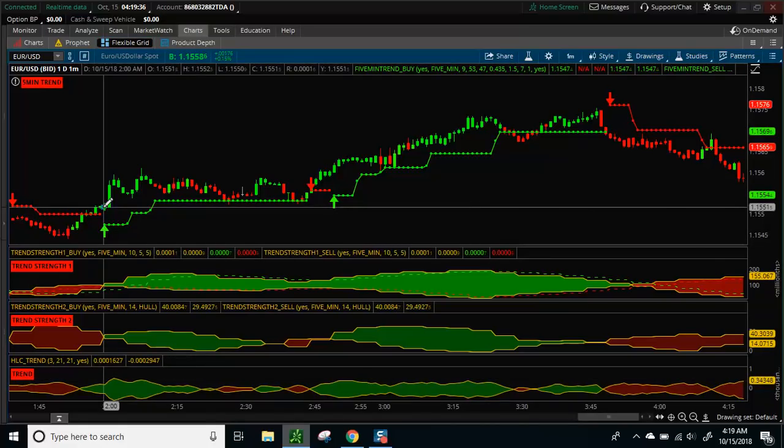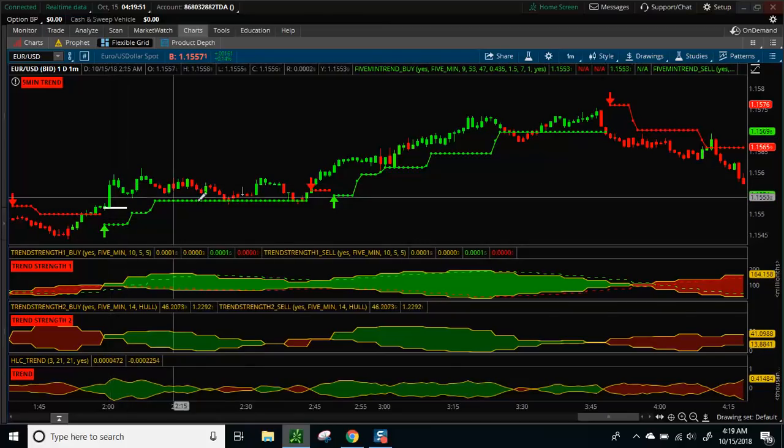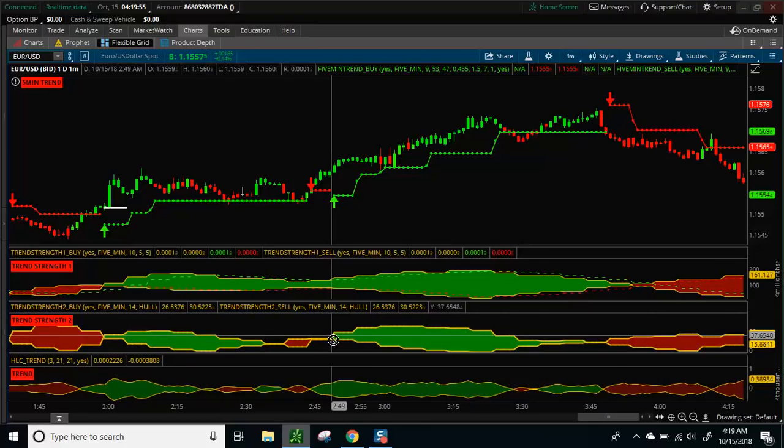All right. Again, what happened is here at 2:50, the background turned green because of this trend strength, the second trend strength indicator. It turned green. This one never turned red again. So, well, actually, let me go back. At 2:40, excuse me, this one turned red.